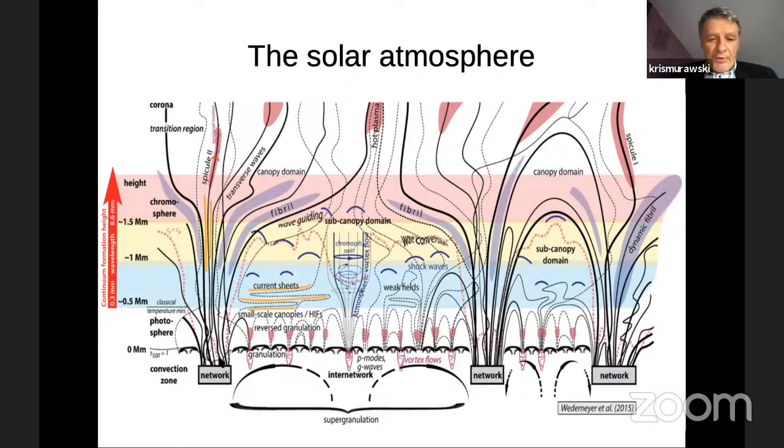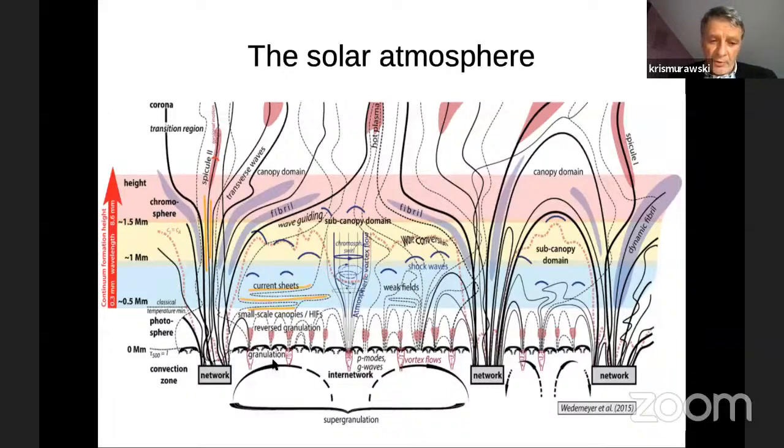Supergranules occupy a region between magnetic network structures, like we see here, magnetic field lines fanning out into the chromosphere and high up into the corona, and creating canopies, jets, fibrils, and actually a diversity of structures which take place in a very dynamic region, which is called the convection zone.